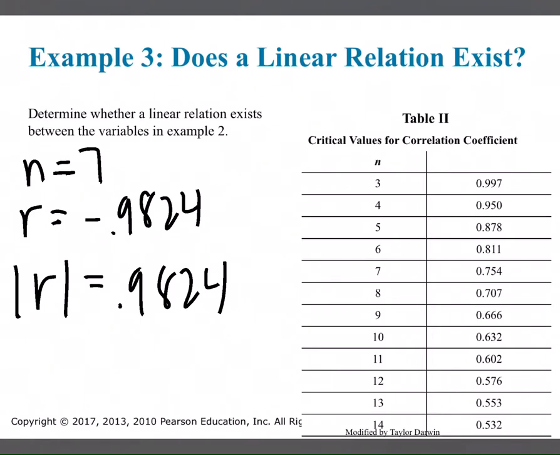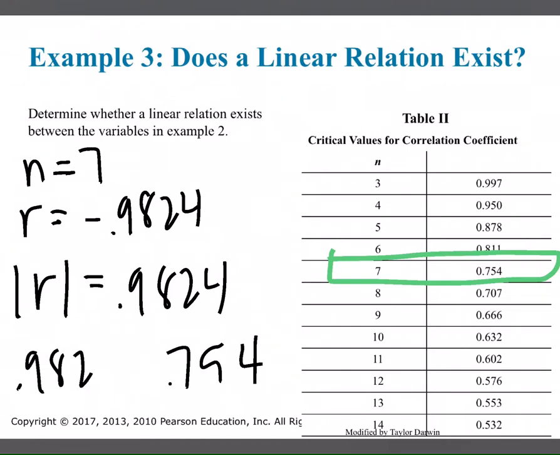If I'm looking at an N of 7, that's all I care about. My critical value is 0.754. And I'm going to compare that to my R. I see that my R is greater than that critical value. And if that is the case, then we can say a linear relationship exists.